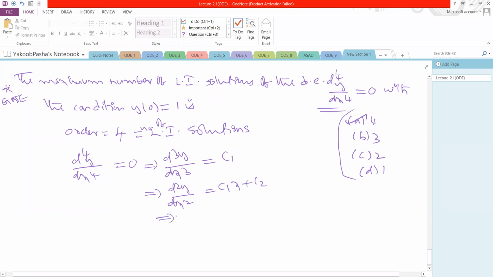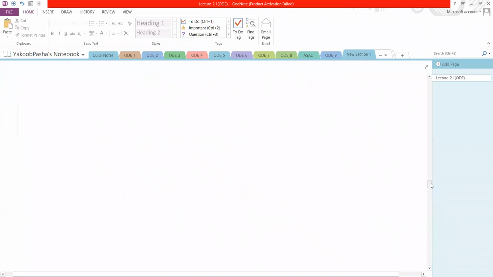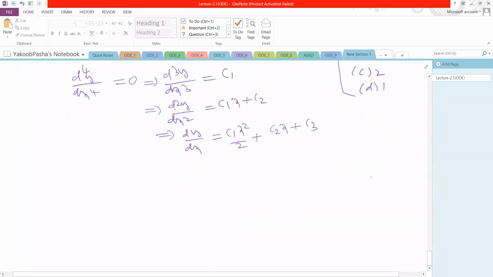Integrating again, dy by dx is c1 x square by 2 plus c2 x plus another arbitrary constant c3. Integrating again, y is equal to c1 x cube by 6 plus c2 x square by 2 plus c3 x plus c4. These are the solutions.